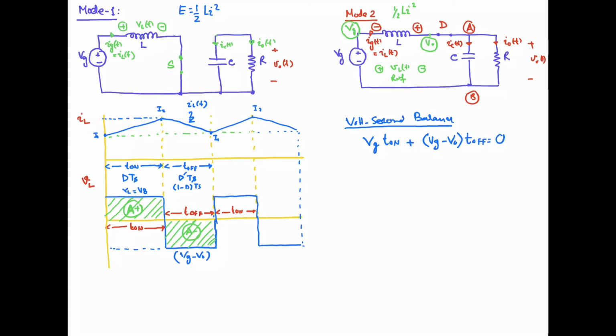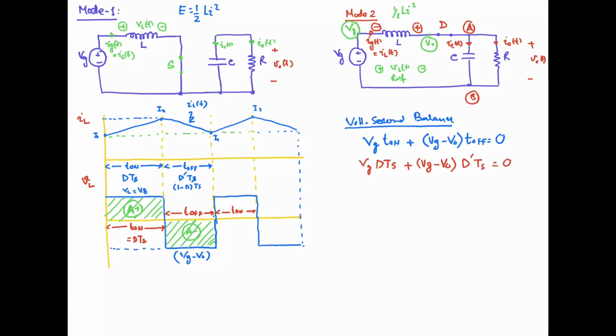This area should be equal to 0, right? Now I can write Vg into T on in terms of the duty cycle and the total time, that is equal to D Ts, this on time, plus Vg minus V naught into T off, and T off is equal to D prime into Ts.